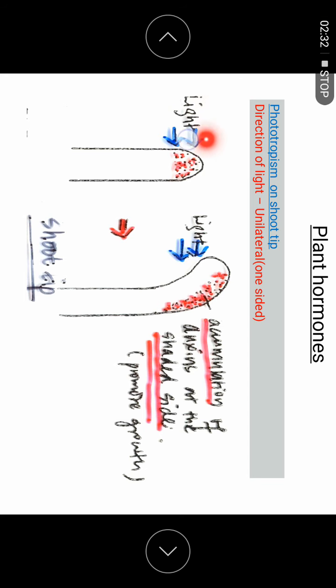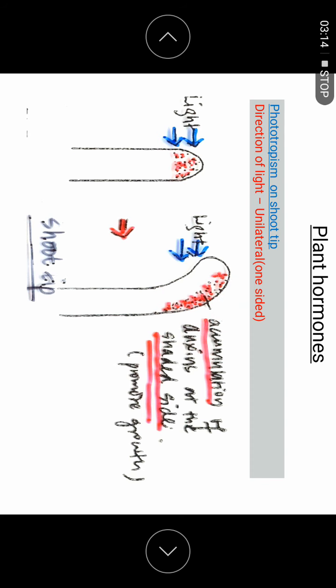Since auxin tends to diffuse to the darker, shaded side, when the light source comes from the left, auxin will diffuse to the right. See the second picture: from the synthesis area, the tip, more of the auxin is now accumulated at the right hand side.